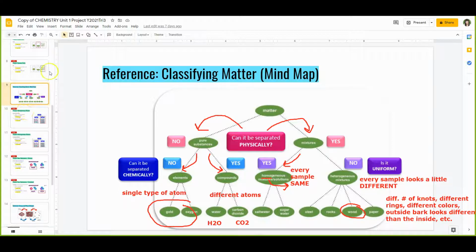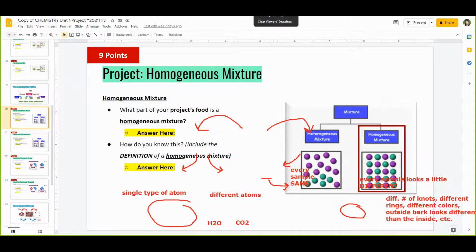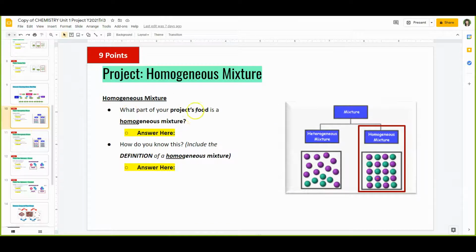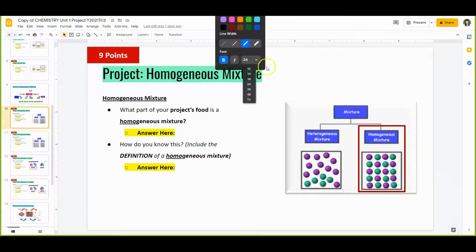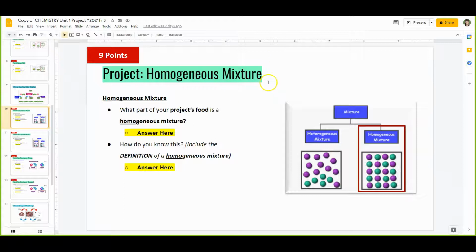This is very similar to what we did with our solid, liquid, and gas with our project, so this should look very familiar. Let's go ahead and take a look here. What part of your project's food is a homogeneous mixture? Again, these are going to tend to be things like sauces. So taking a look here, this is going to be anytime you have a sauce that is pretty uniform, right?